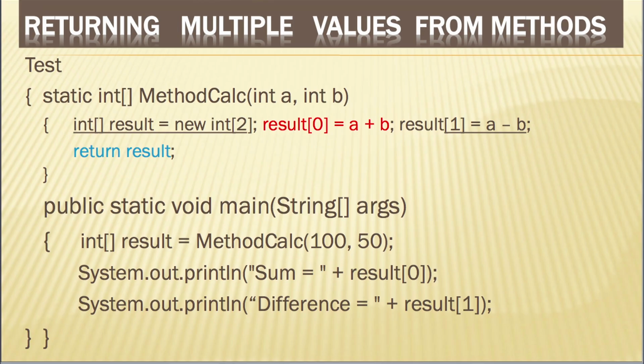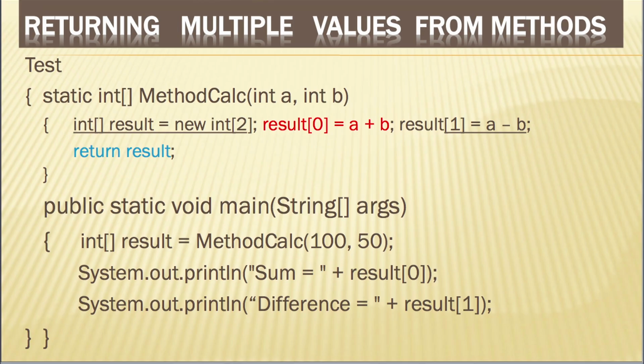So you can see here inside the public static void main, result is an integer variable which is an array, and integer result equals method calc(100, 50). 100 and 50 are the 2 arguments which are passed, and which we copied to a and b.